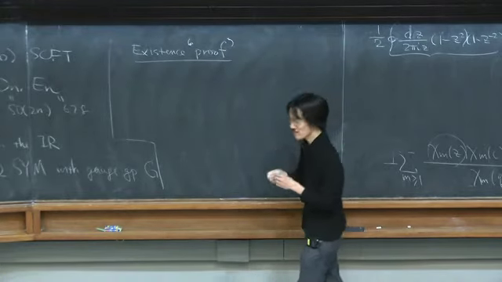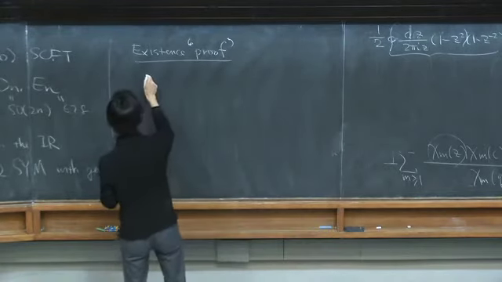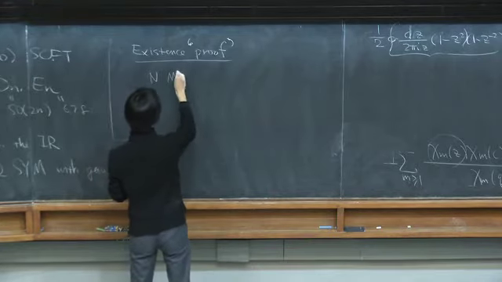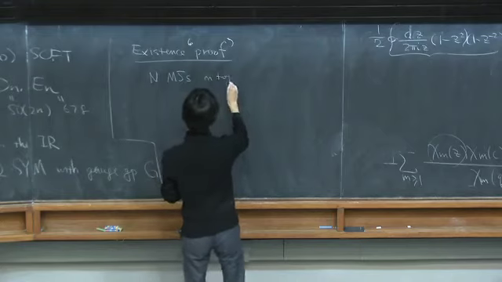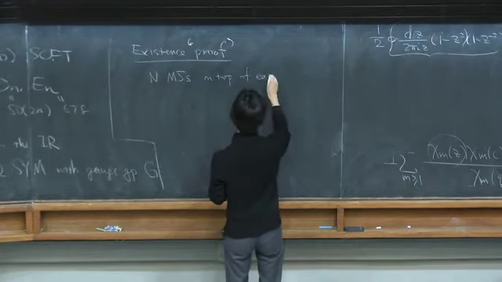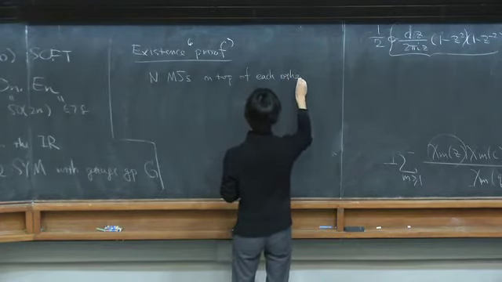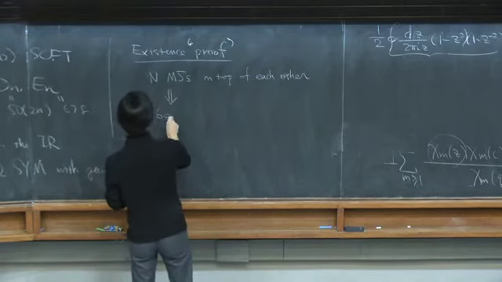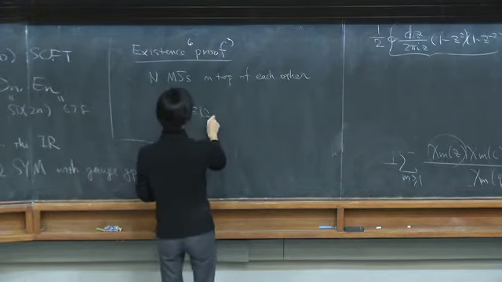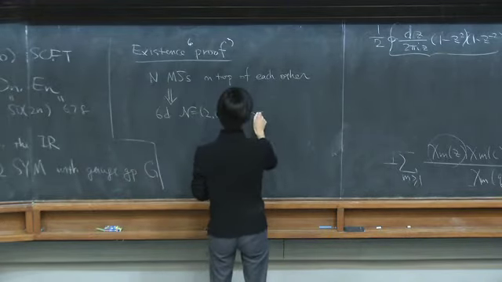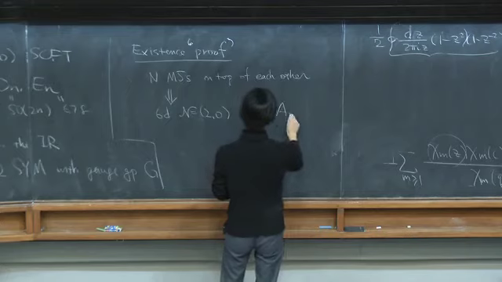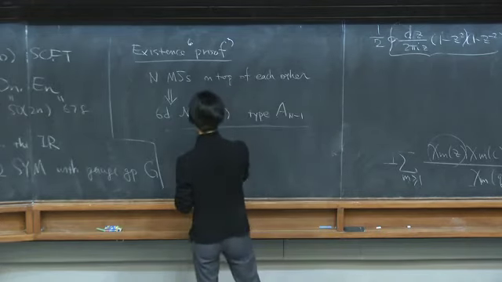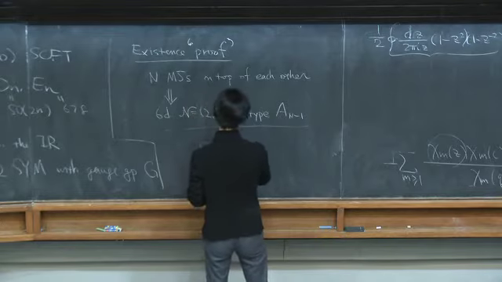But the existence proof is that if you consider n M5 branes on top of each other, and take the low energy limit, this gives you the 6D N=(2,0) theory of type A(n-1). And you can do some similar construction with Dn and En too.